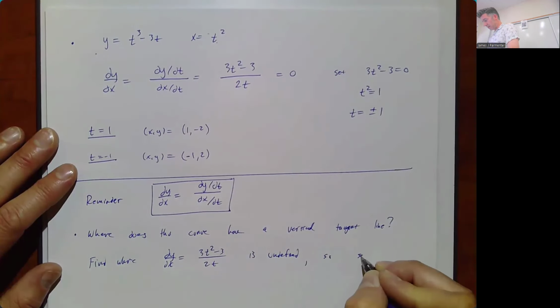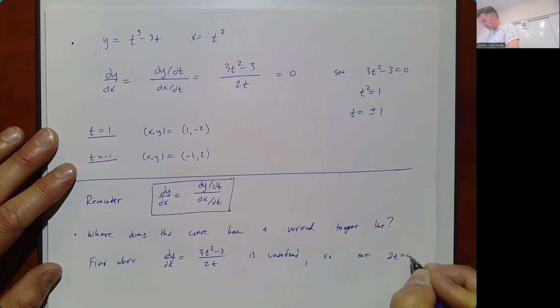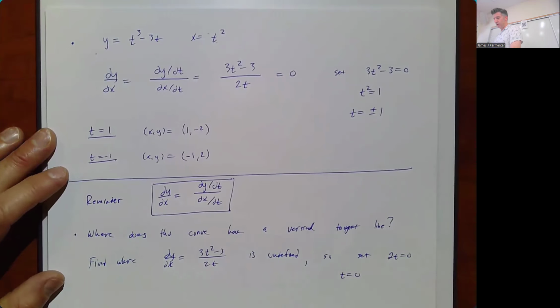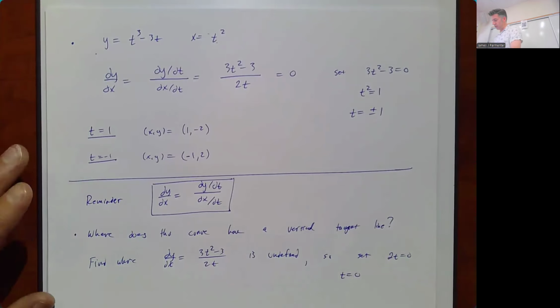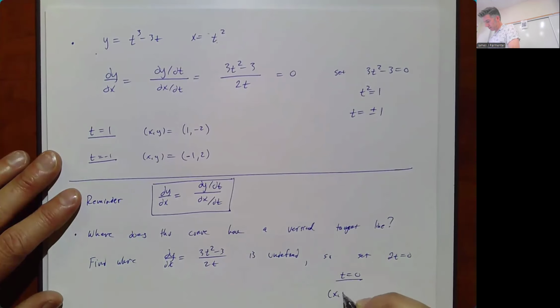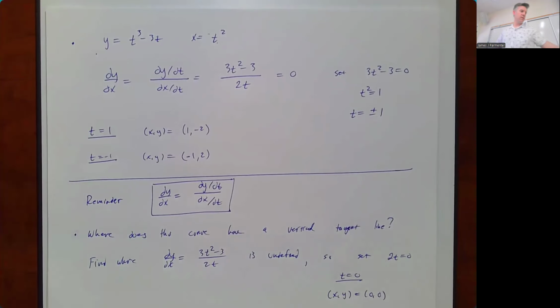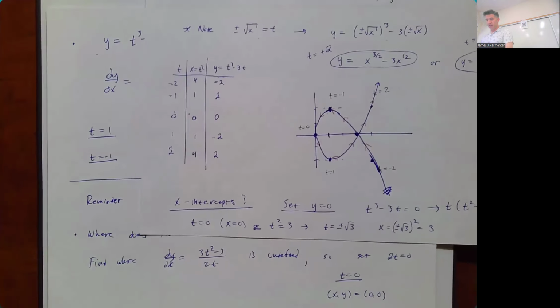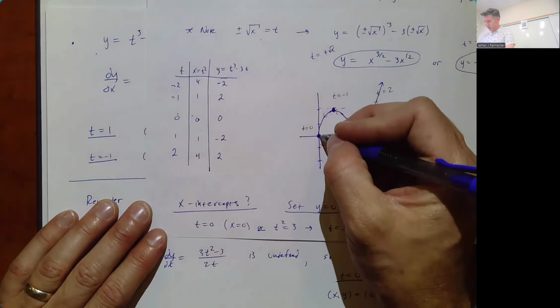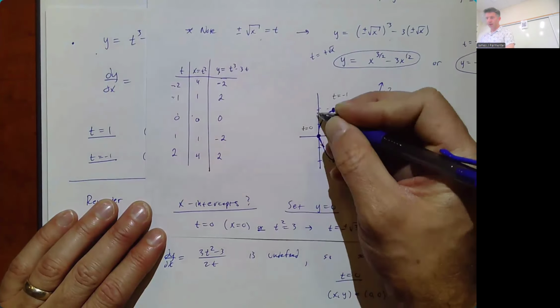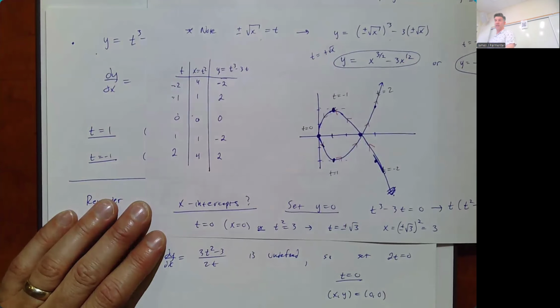So set the denominator equal to 0 and solve for t, which is going to be t equal to 0, which is the point x comma y equal to 0, 0. And again, this seems to correspond to what our graph looked like. Look at our graph again. You can see, yeah, it looks like at the origin over here, the tangent line is probably a vertical tangent line, specifically the y-axis.